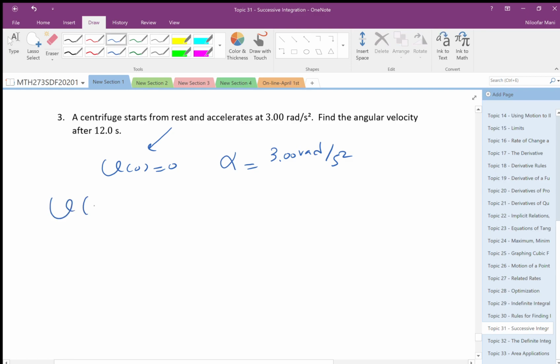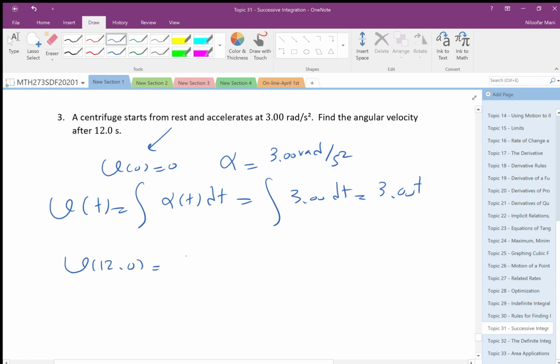Angular velocity is the integral of alpha dt, which is the integral of 3 dt, which is 3t plus v0. v0 is 0. Okay, done. So after 12 seconds, v is 36, because I do 12 times 3.